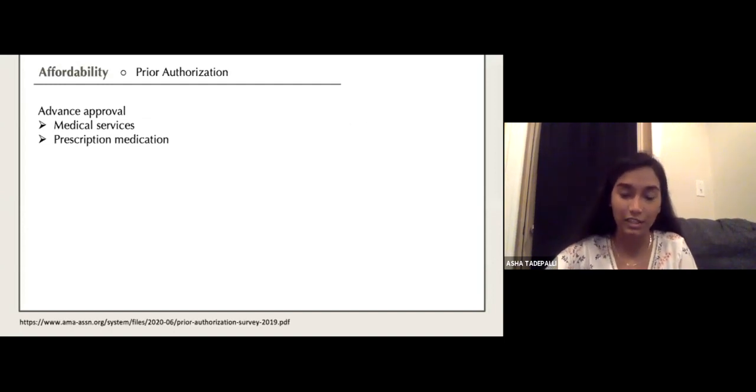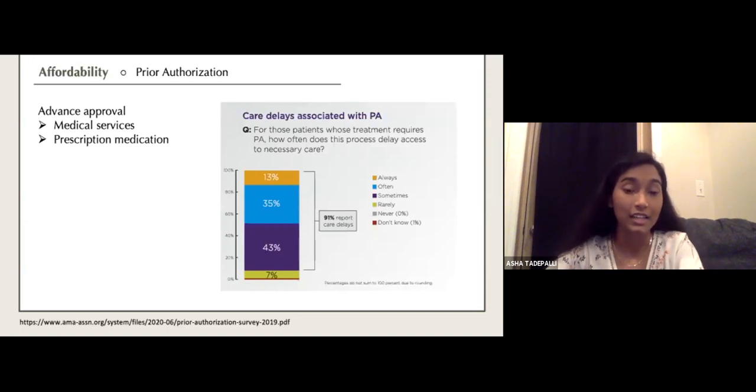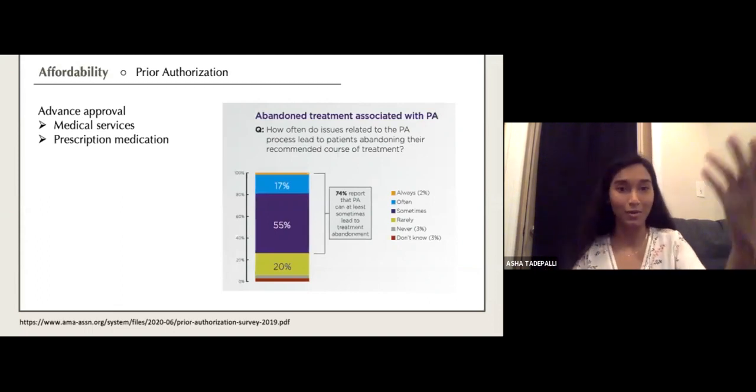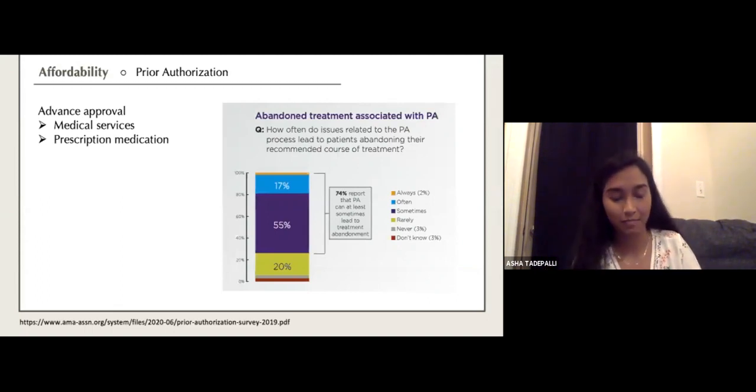In 2020, actually, the American Medical Association surveyed providers who routinely had to submit prior authorizations for medications and found these results. Looking at care delays associated with prior authorizations, almost 91% reported care delays often. Looking at abandoned treatment associated with PA, I know we mentioned Xiidra, someone had mentioned they had given up because it was difficult.